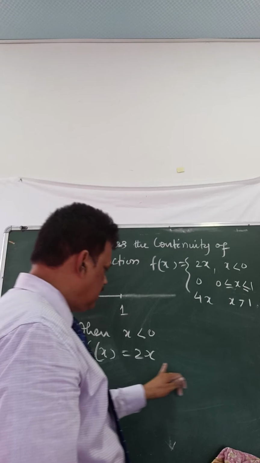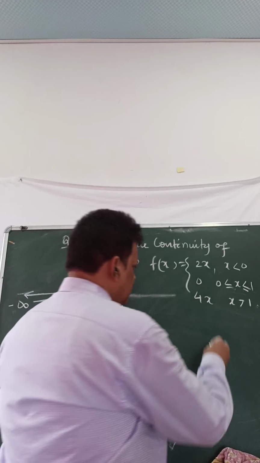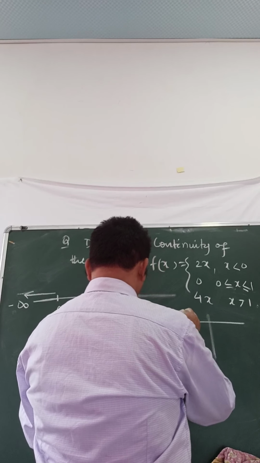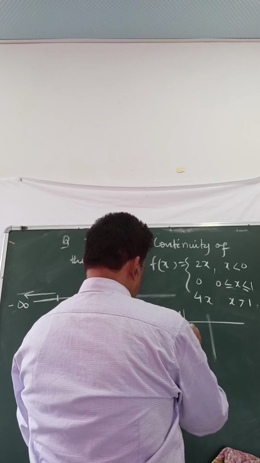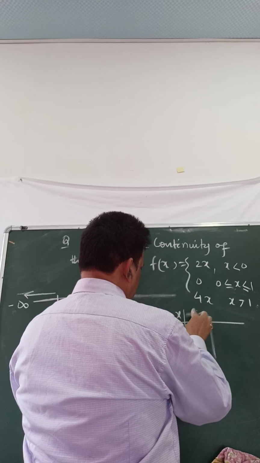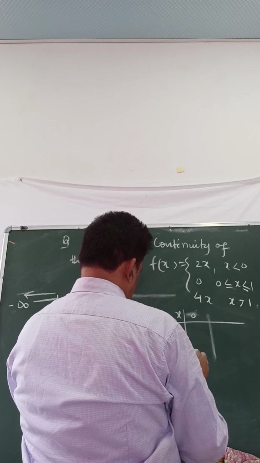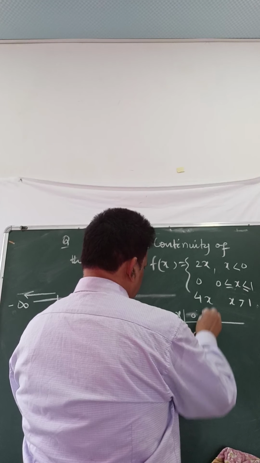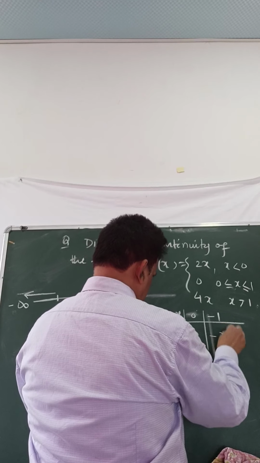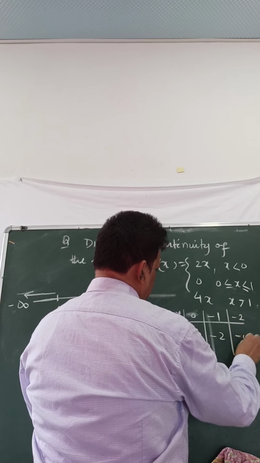Whether 2x is a continuous graph or not, you can simply understand by taking some values. If I put x less than 0, I will put 0 first. This is 0, minus 1 gives minus 2, minus 2 gives minus 4.